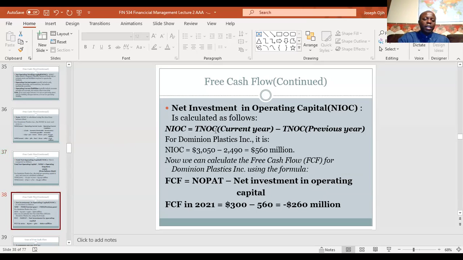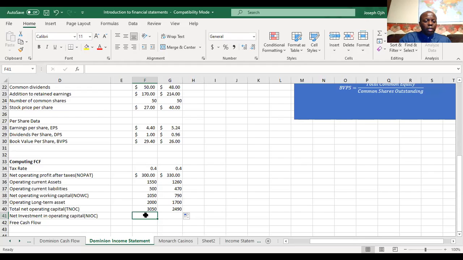Once we have that, we'll be ready to calculate the free cash flow. So here, net investment in operating capital will now equal the current year minus that in the previous year. Okay, 560. Remember, all these are in dollars. Let me make sure I have dollars so you can see.